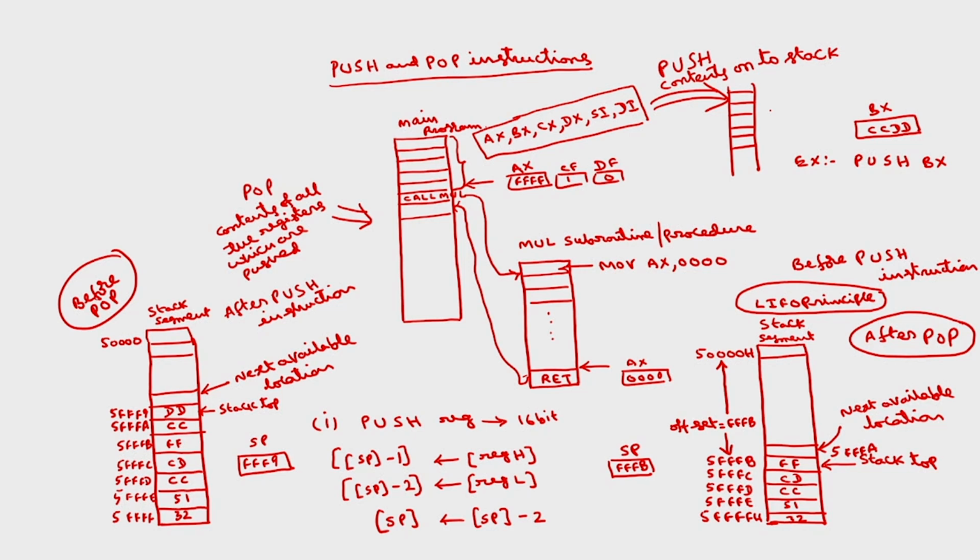Whereas here, if I use some other arithmetic logical operations, this carry flag status may change. At the end of this, the carry flag status may be changed to 0, direction flag may be changed to 1. So if I return back here, what happens? This old content will be lost and new contents will be present in the various flags. That is why, before you go to the subroutine, you have to save the contents of all the flag registers through this instruction, push F.